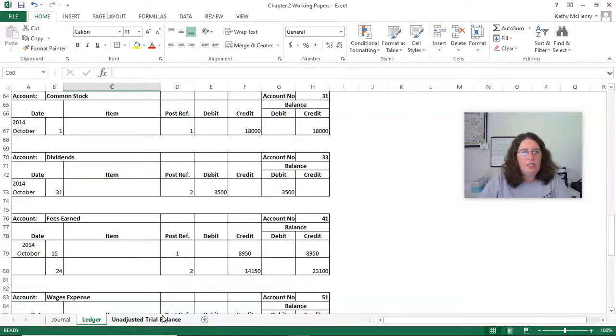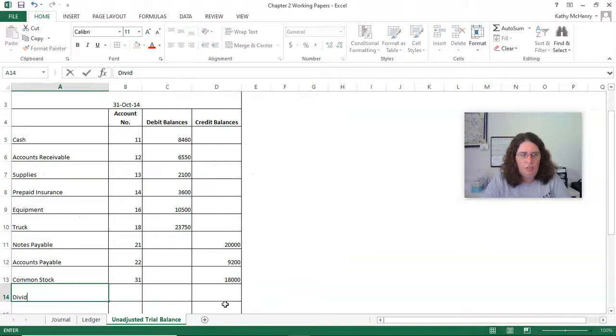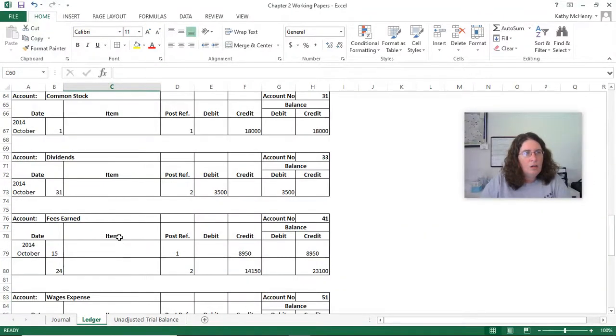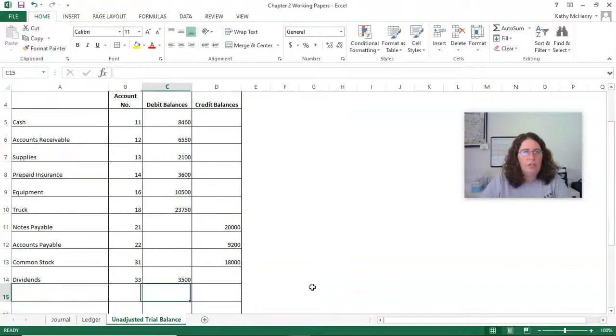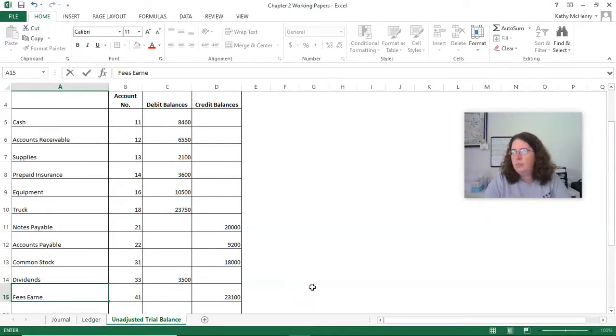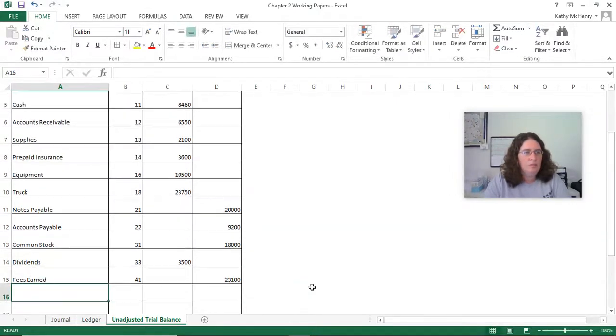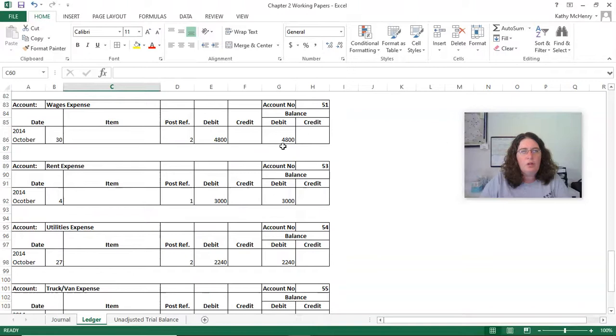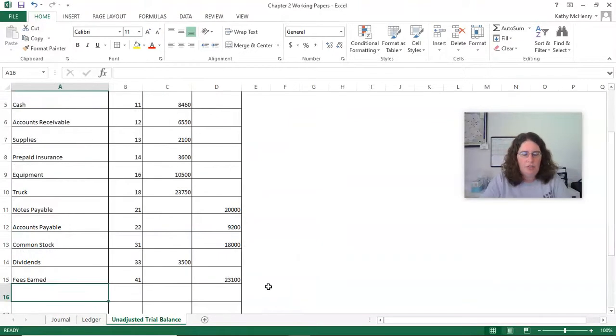Dividends, 33, debit of 3,500. Fees earned, 41, credit of 23,100. Do this one backwards, just because I know me. The next one is going to be wages expense, 51, a debit of 4,800.